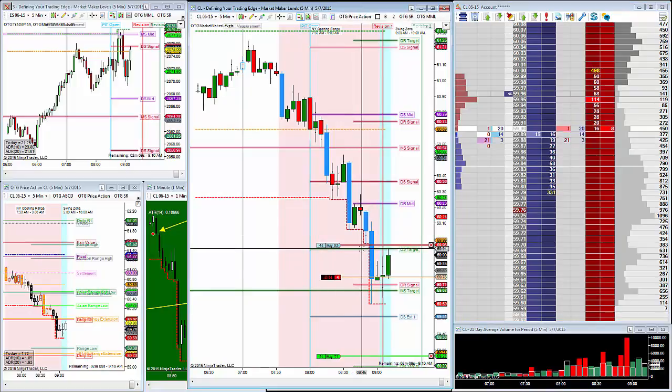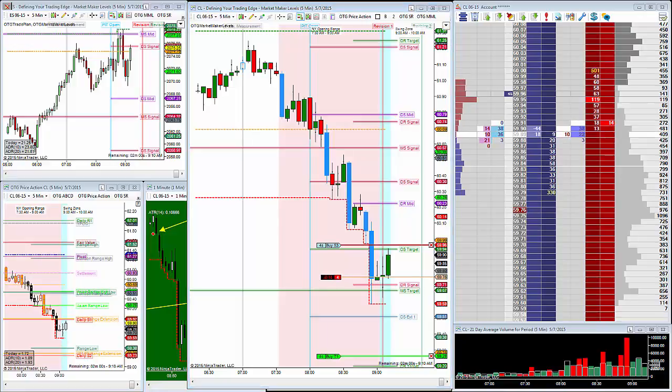So the structure target market maker level held, is holding at least initially here. We need it to continue to hold, and we need to get down through 88.